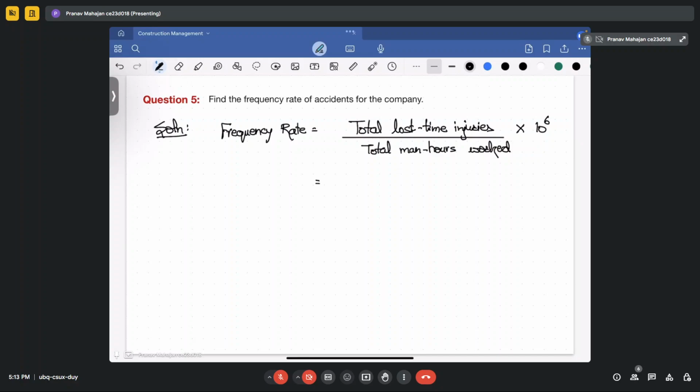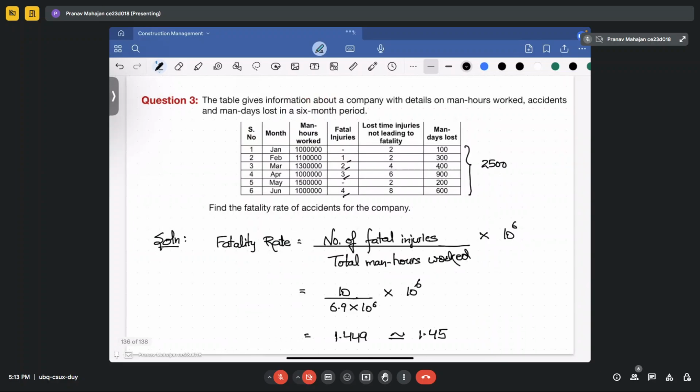Okay. So how do you calculate total lost time injuries? Total lost time injuries will take into account lost time due to injuries. So lost time injuries not leading to fatality plus the fatality injuries also.